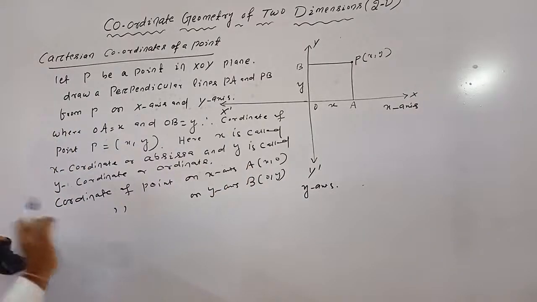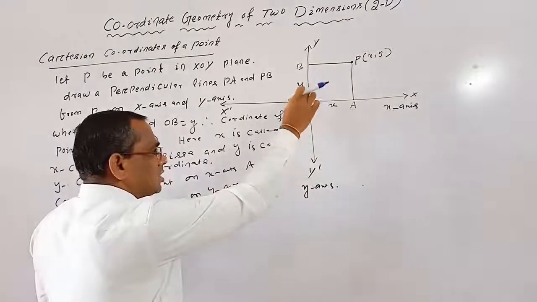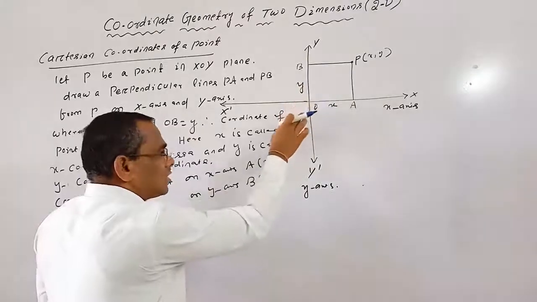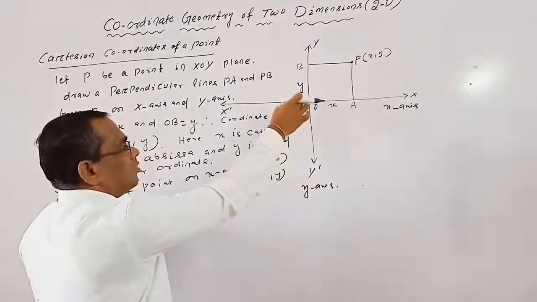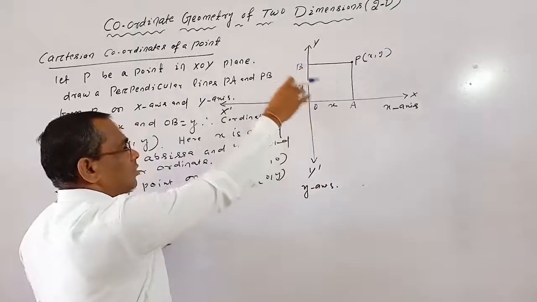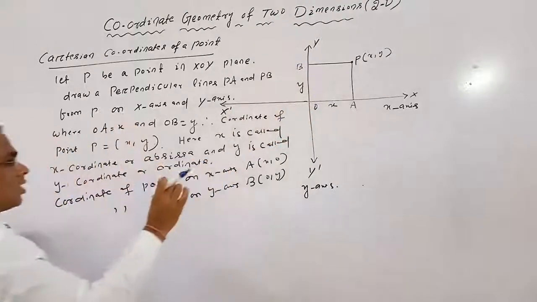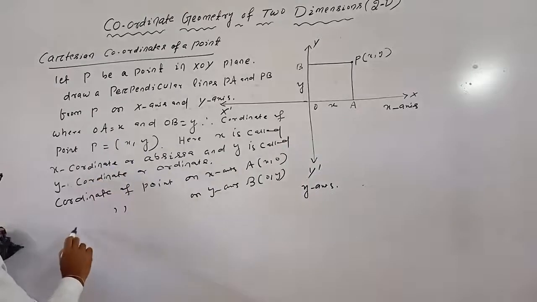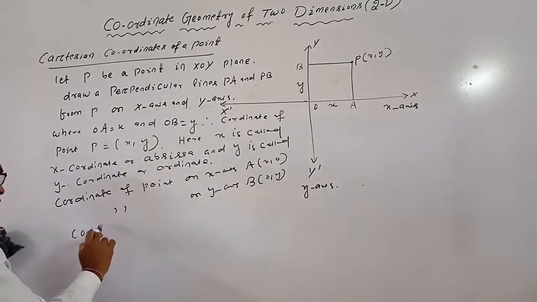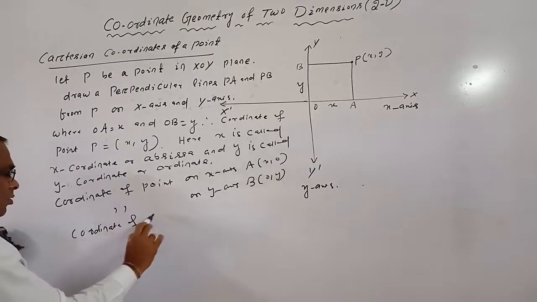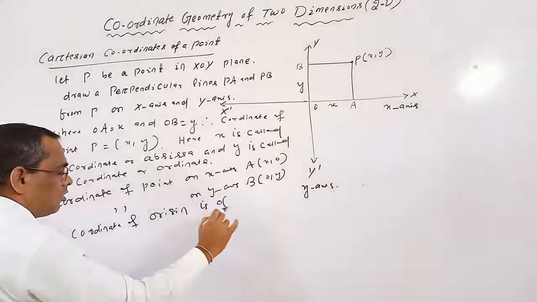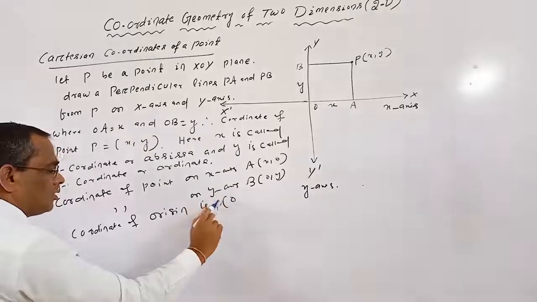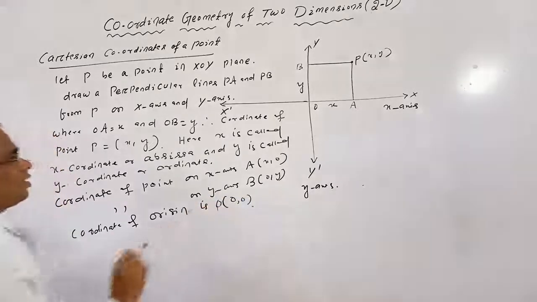And the coordinate of the origin: since this point O lies at 0 distance in the direction of the x-axis and 0 distance in the direction of the y-axis, the coordinate of the origin is O of 0 comma 0.